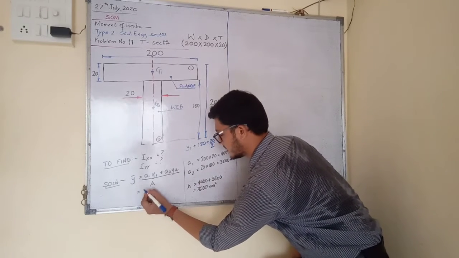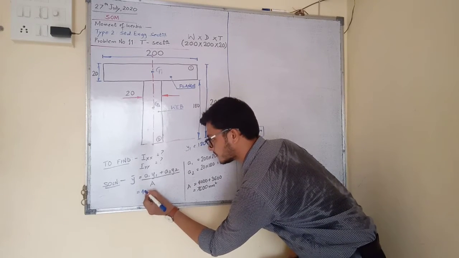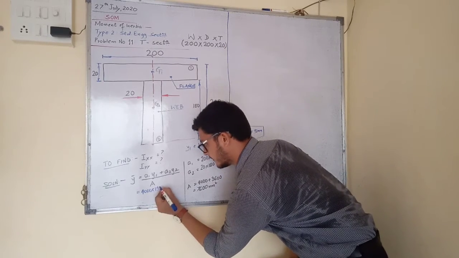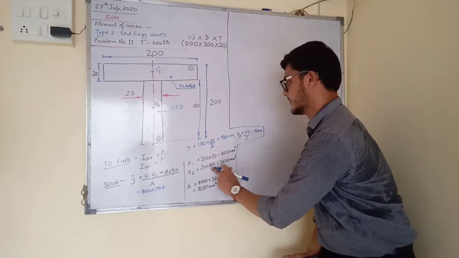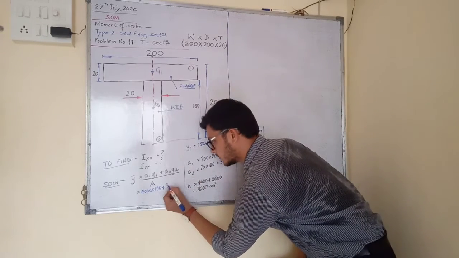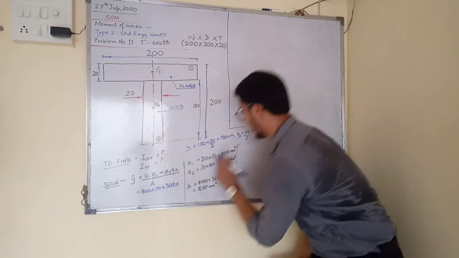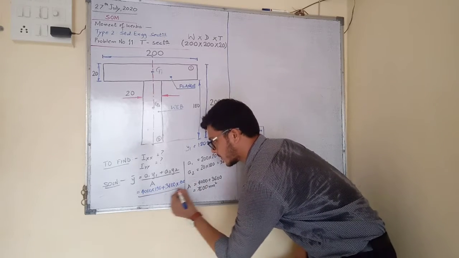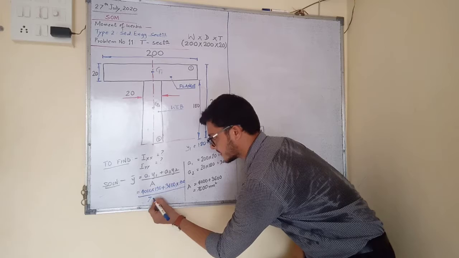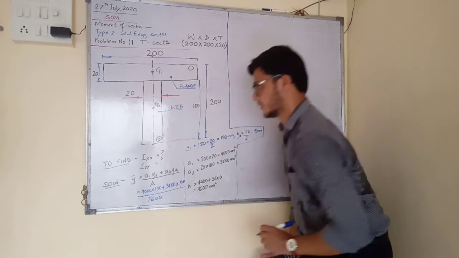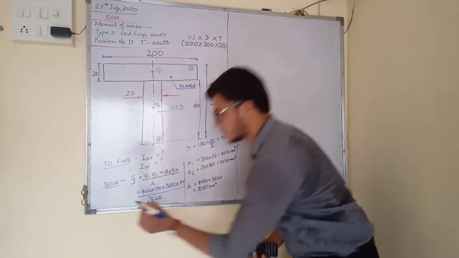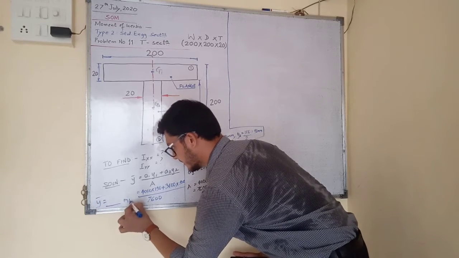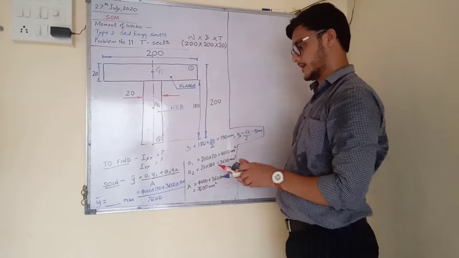So a1 is 4000, y1 is 190 plus a2 is 3600, y2 is 90, total area is 7600. So on solving this, y bar will be equal to how much millimeters will calculate here?